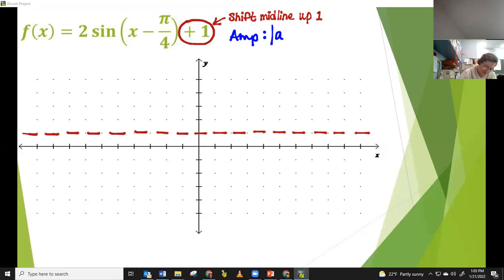We take the absolute value of A. In this case, our A value is 2. So our amplitude is 2. This is going to be above and below the midline. We're using our midline as our reference. We oscillate on either side of that midline there. All right, what is my period for this one? What is the period?